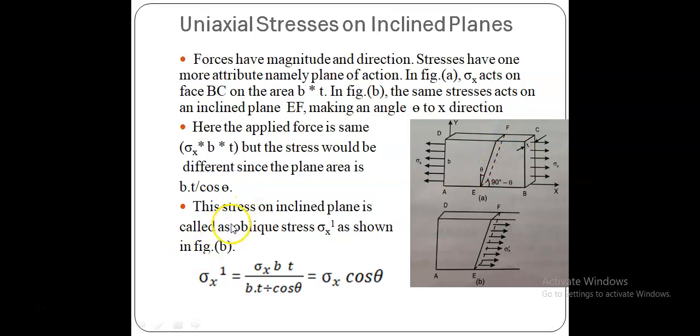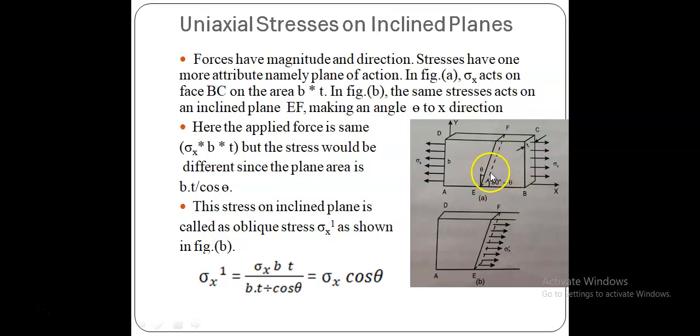Therefore, this stress on the inclined plane is called oblique stress. Let that stress be sigma x dash, as shown in figure b. This is the actual stress acting on this plane. When the stress on this plane is simply sigma x, it becomes sigma x dash on the inclined plane since the area differs.